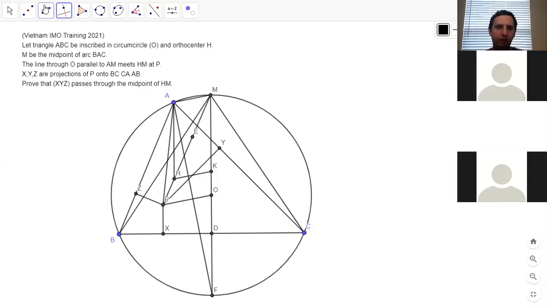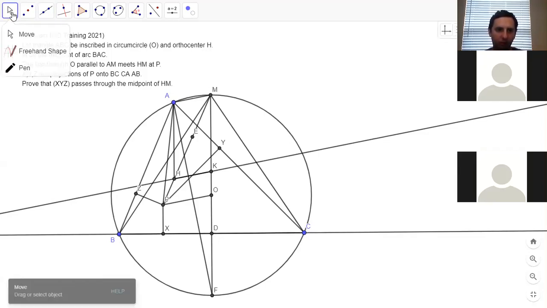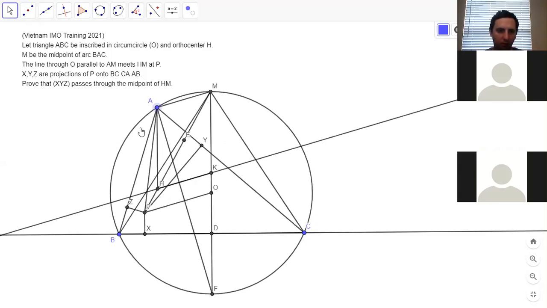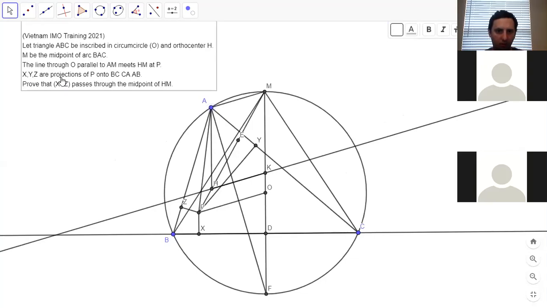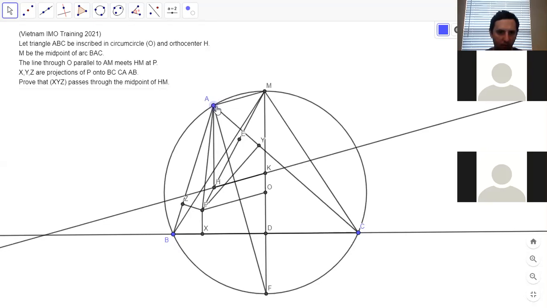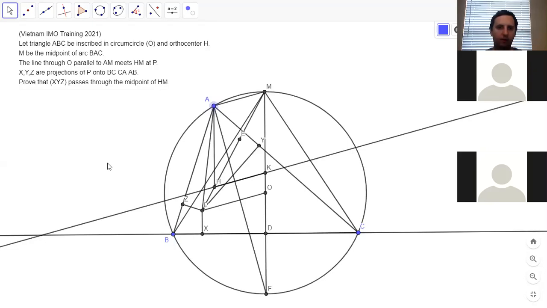And we know A, E, and K are collinear, right? Because it's a parallelogram. So that'll be point G.